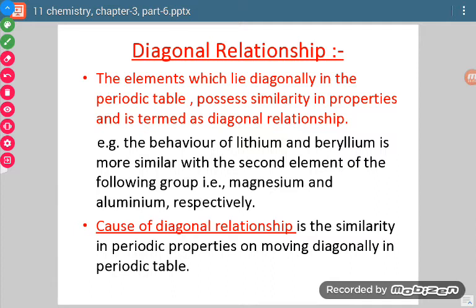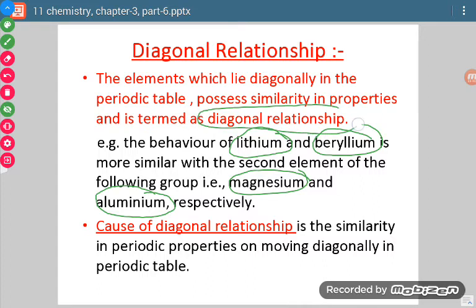Now if we see in the periodic table, then lithium and magnesium, they lie in the diagonal position. Similarly, beryllium and aluminium, they lie in the diagonal relationship. So they lie diagonally to each other, so they will be showing the similarity in properties. So this thing is known as diagonal relationship.